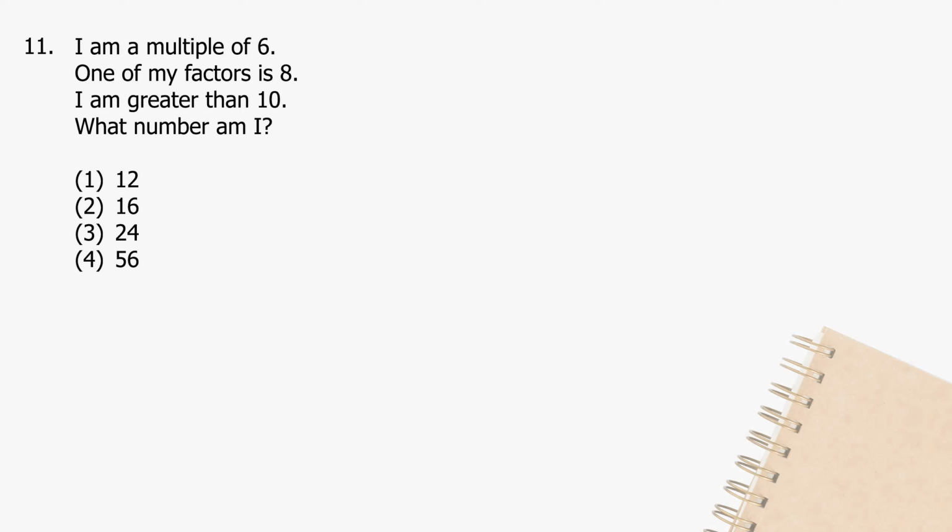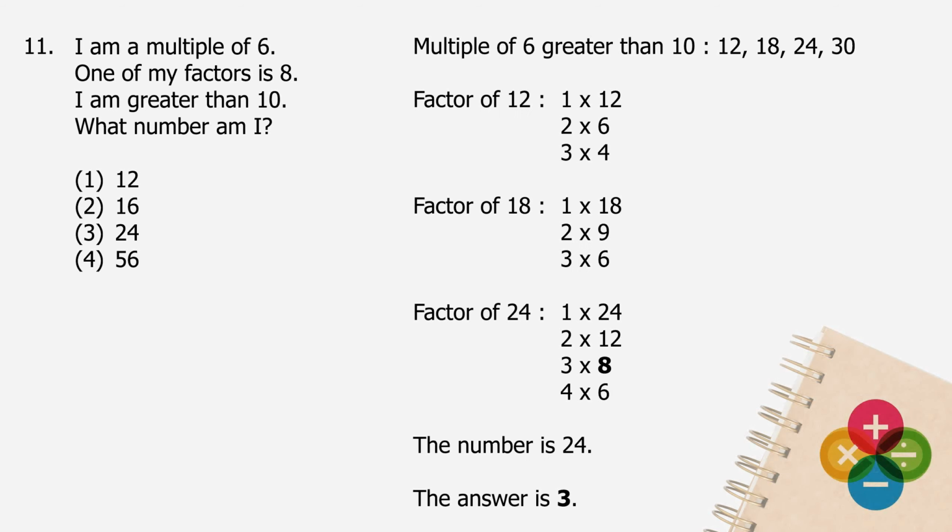Question 11. I am a multiple of 6. One of my factors is 8. I am greater than 10. What number am I? The multiples of 6 greater than 10 will be 12, 18, 24, 30, and more.